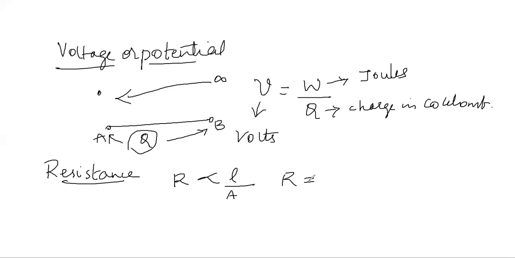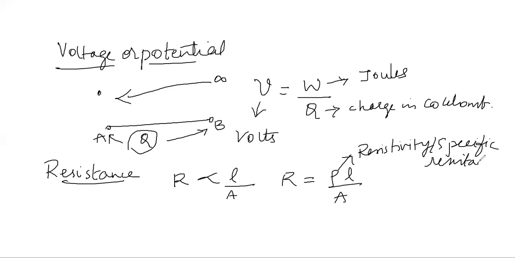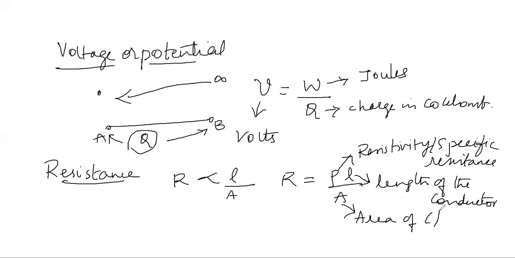When I remove this proportionality constant, I get rho L by A, where rho is the resistivity or the specific resistance, L is the length of the conductor and area of cross section is denoted by A. And resistance is expressed in a unit called ohms.